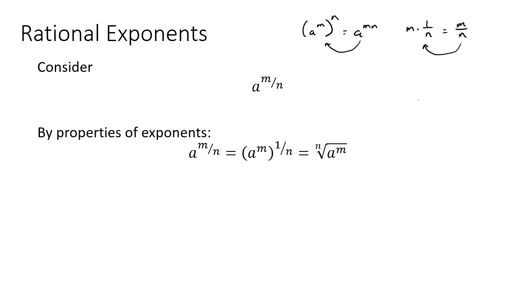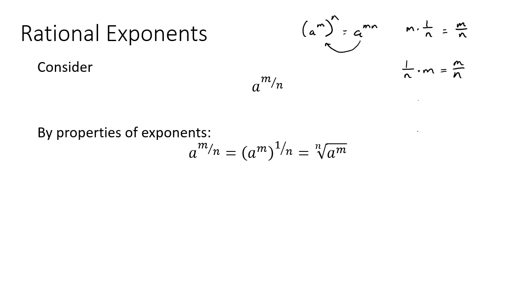But that's not the only way we could write this. And it's due to the fact that multiplication with real numbers is commutative. So m times 1/n is m/n, but if you swap the order, and you did 1/n times m, that would give you the same thing. That's still m/n.